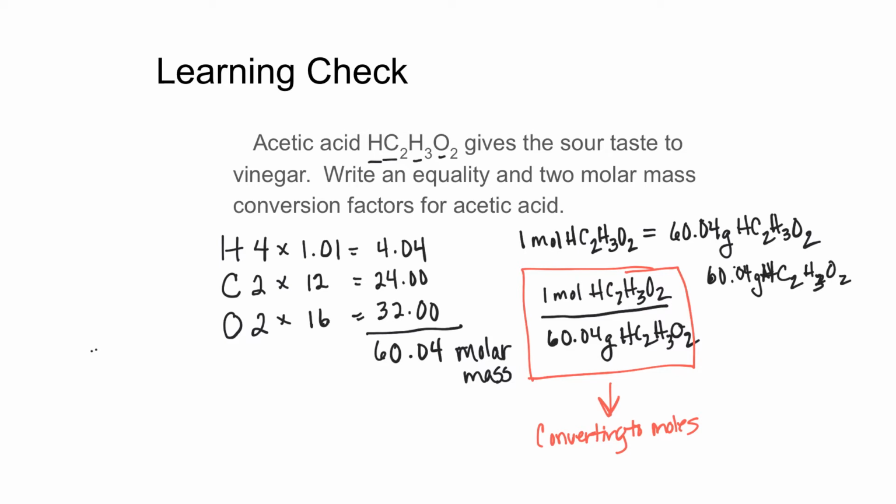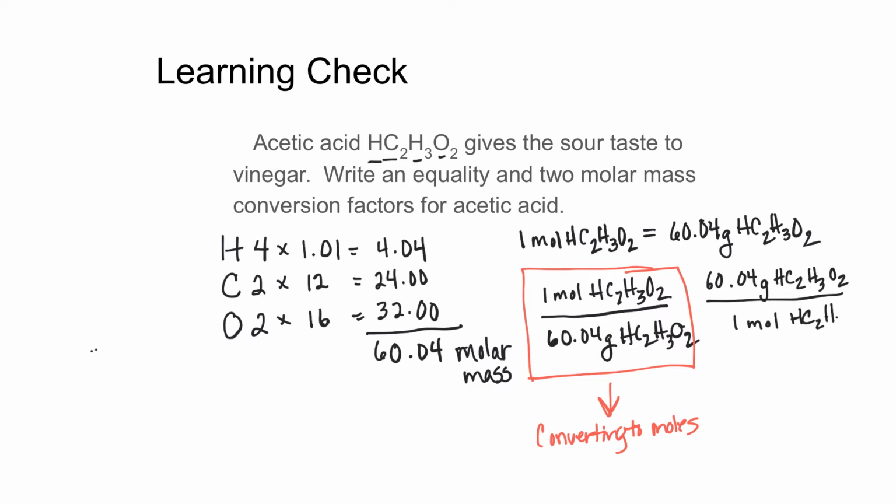That's really bad. Let me write that again. So our other conversion factor is 60.04 grams of HC2H3O2 over 1 mole.